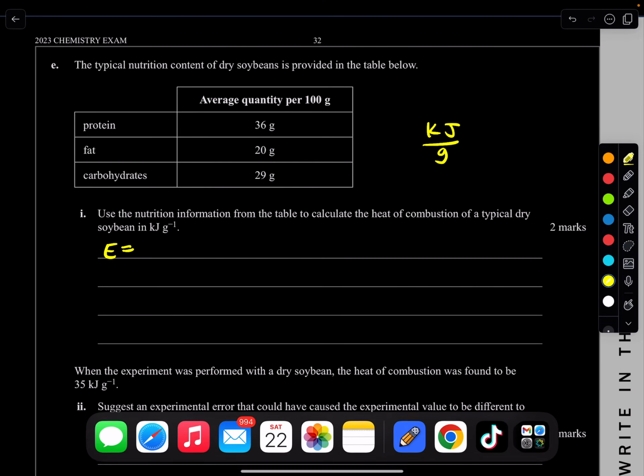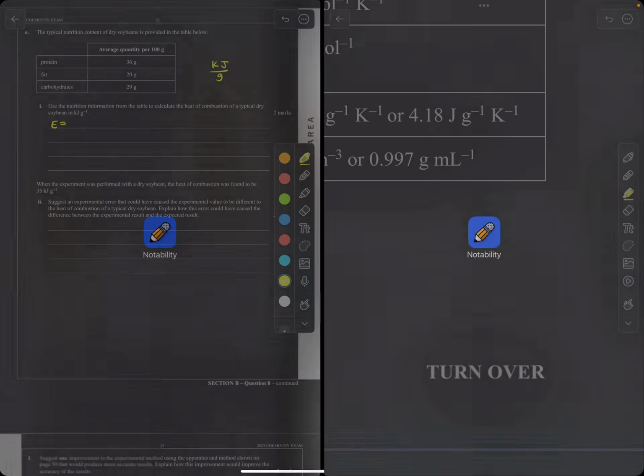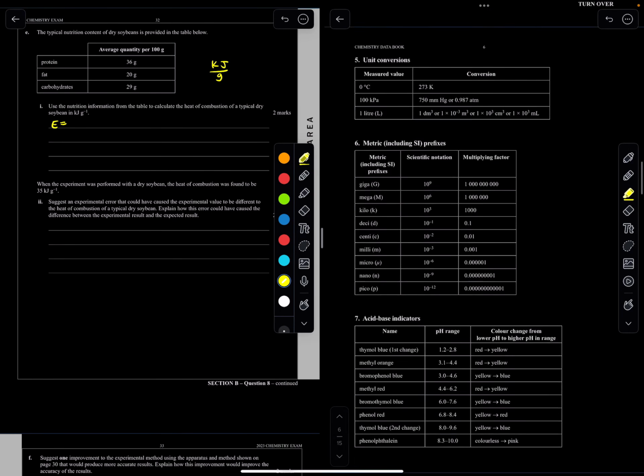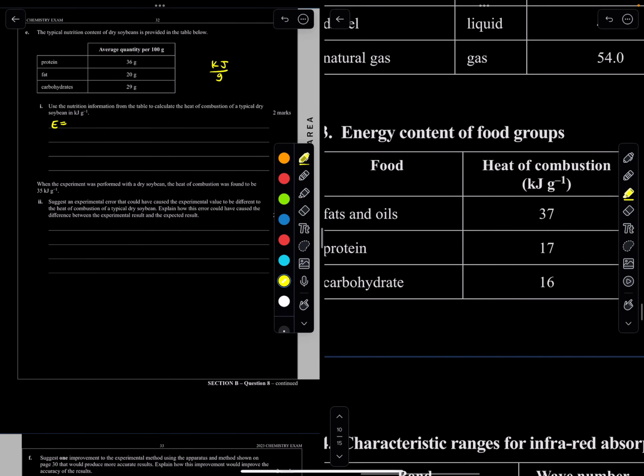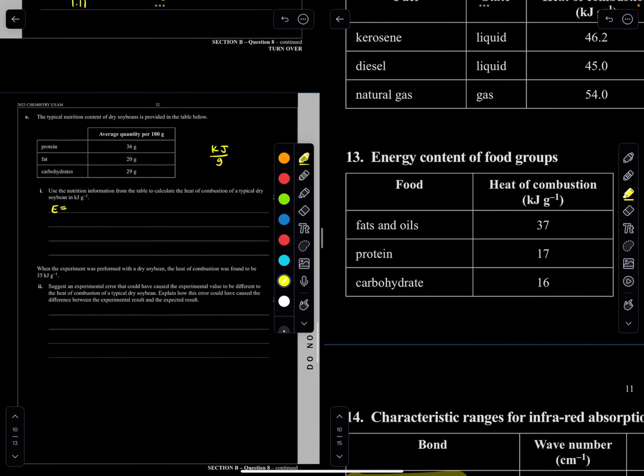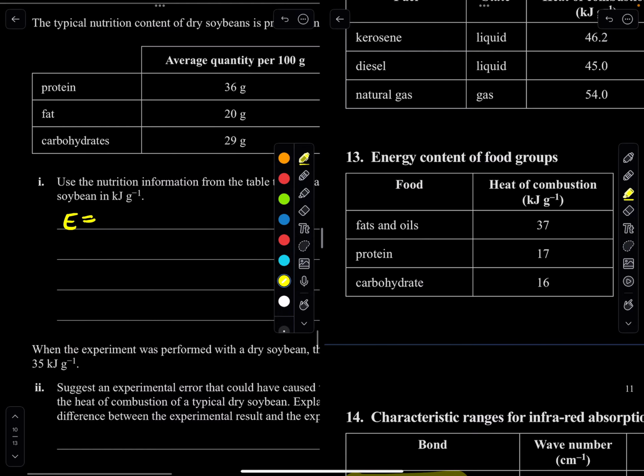So easy. If you go to your table, go down to the energy content for food groups. So we can see that we have protein first, which is 36 grams.